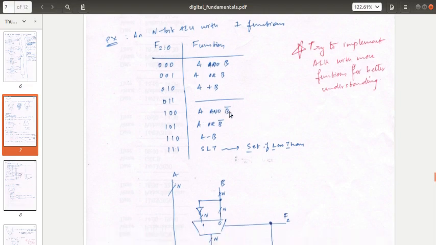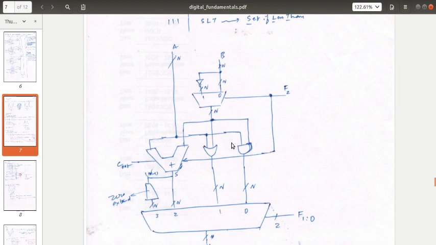Then A and B bar, A or B bar, A minus B, and set if less than. Set if less than means if A is less than B, then the output should be 1, right? So these are the 7 operations that we are planning to implement, and the selection of these 7 operations is just to illustrate how an ALU is designed. There is nothing more than that.